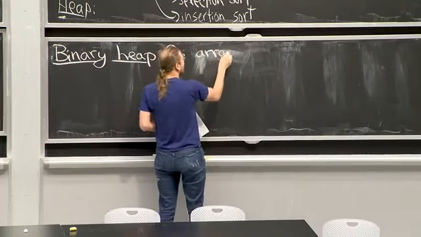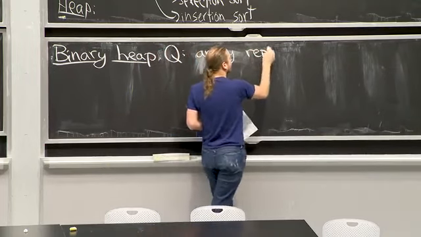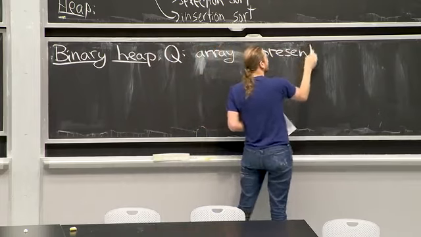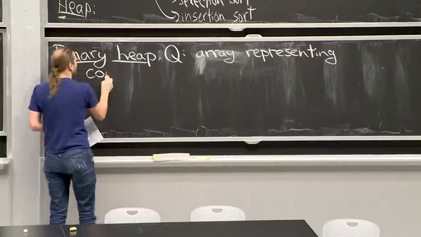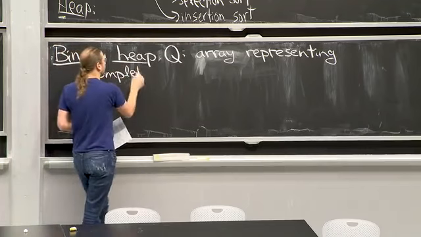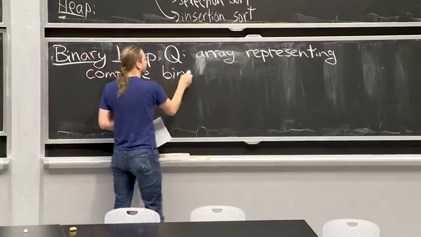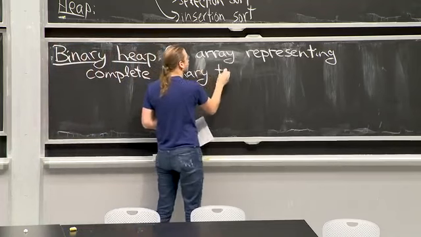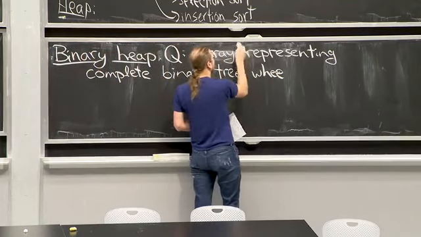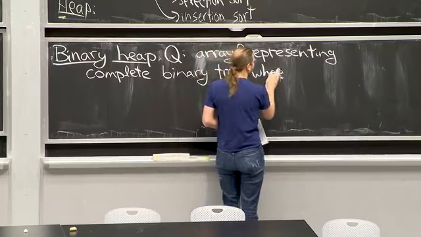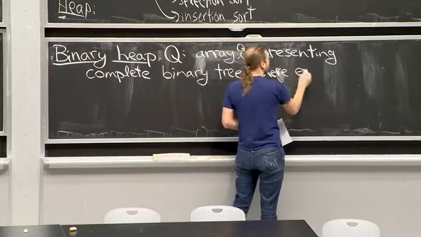This is an array representing a complete binary tree, called the array Q.